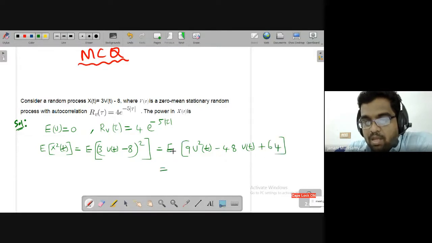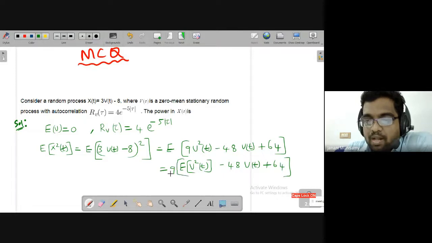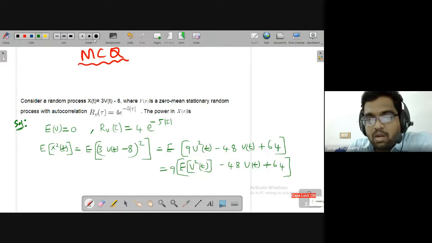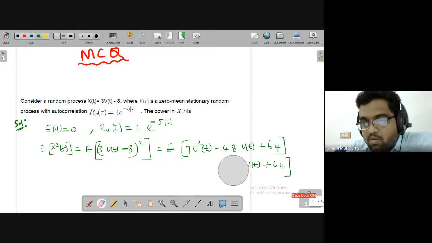Then you apply the expectation operator. The constant can be taken out, you know that. Sorry, here we made a mistake.